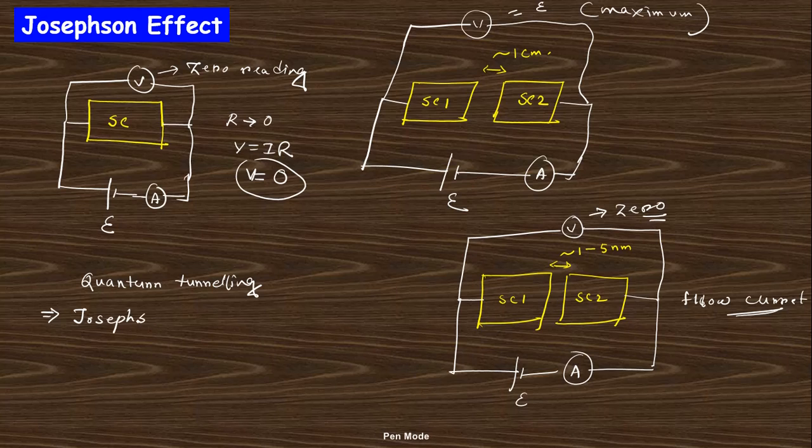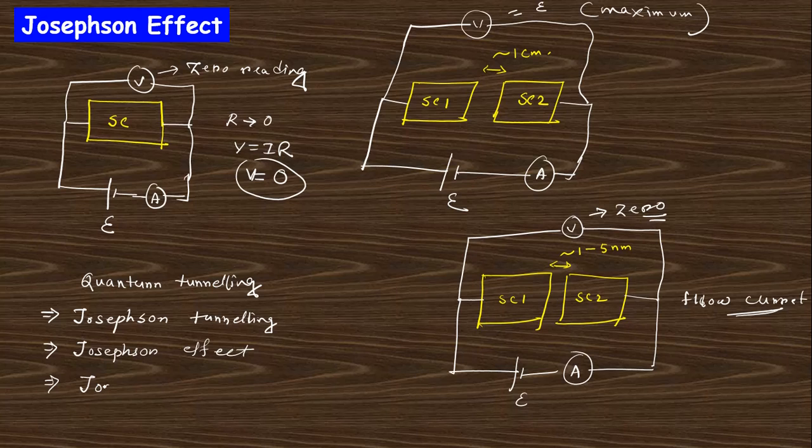It is known as Josephson tunneling because there is a gap, but tunneling still happens. This is a quantum mechanical tunneling, as you all know. This effect is known as the Josephson effect, and this junction is known as the Josephson junction.